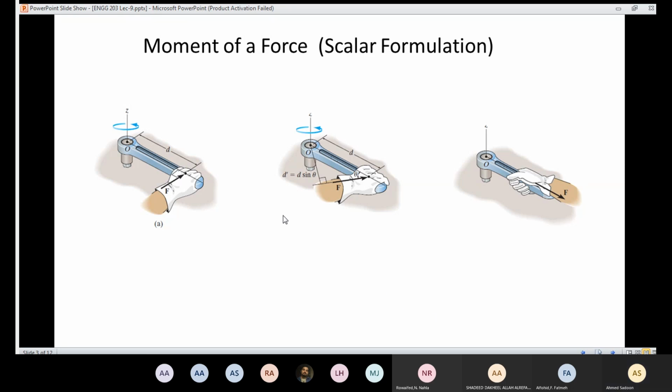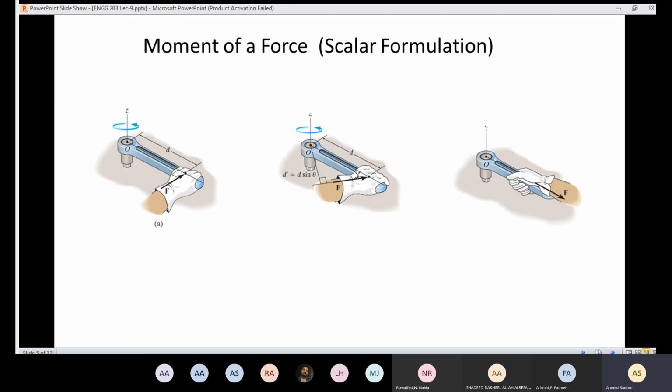And if the force is not making 90 degrees, so here if I draw the angle, I'm going to call it theta, the angle here is 90. Then if the angle is not 90, what do you think will happen to the amount of the moment? We said that the amount of the moment is proportional to the force and the perpendicular distance.